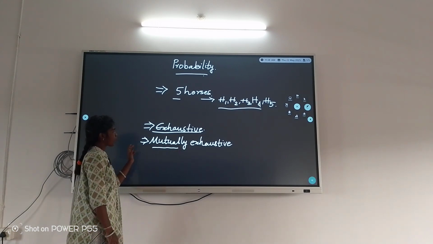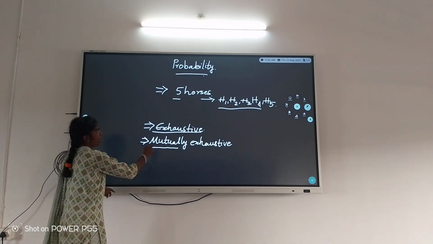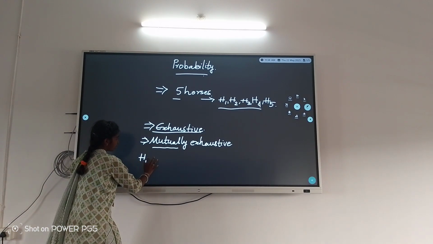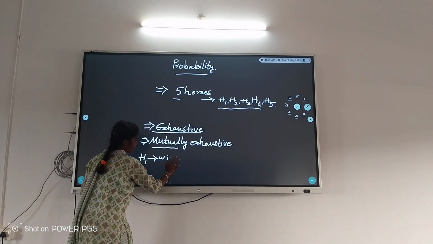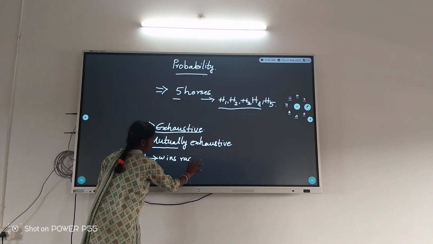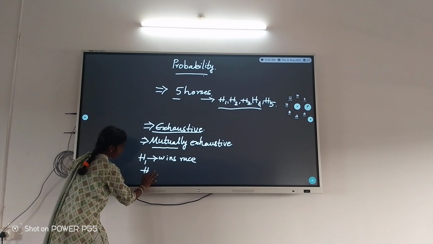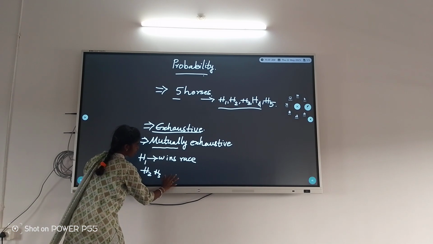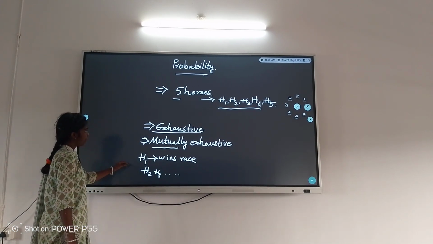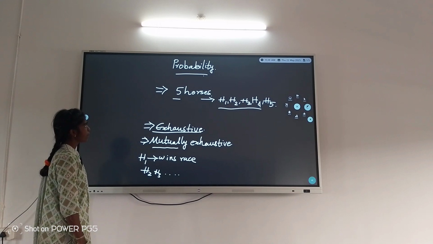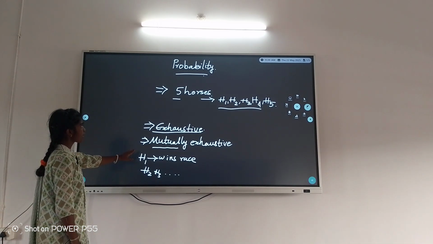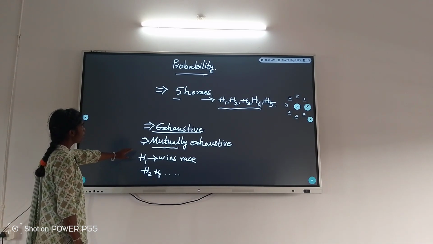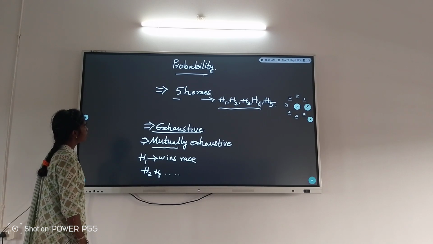Mutually exclusive means one can prevent the other. If we assume H1 wins the race, all the remaining H2, H3 and so on are preventing events. The event is nothing but the race or the situation we are facing in the problem.